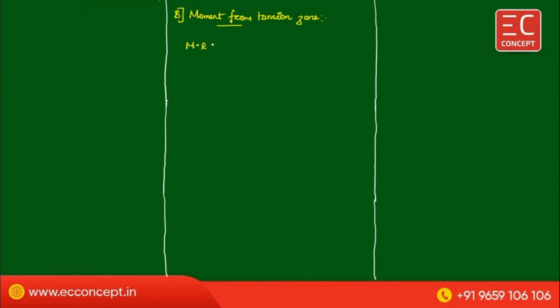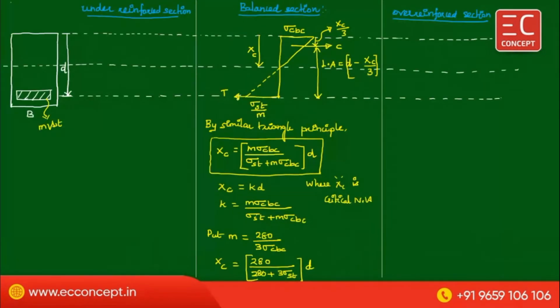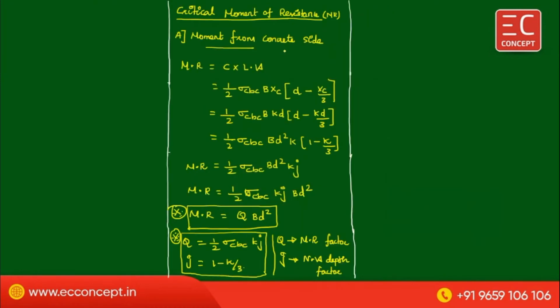Moment of resistance is equal to sigma ST into the area into D minus XC divided by 3. This is the lever arm, right? Force in tension into lever arm. Take moment from the tension zone to this force in the compressive zone.